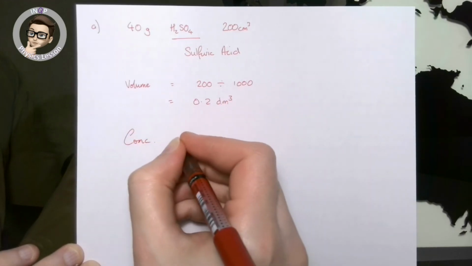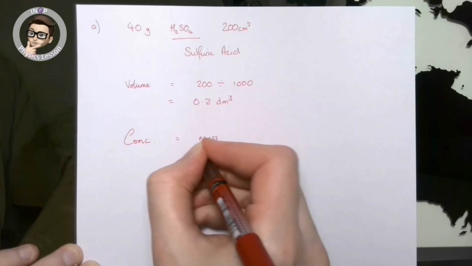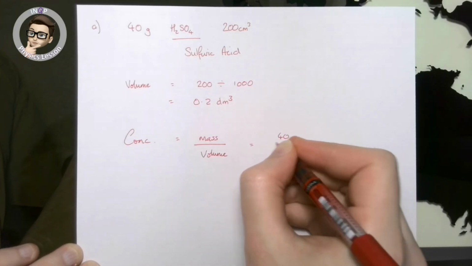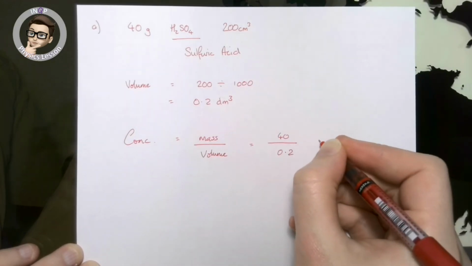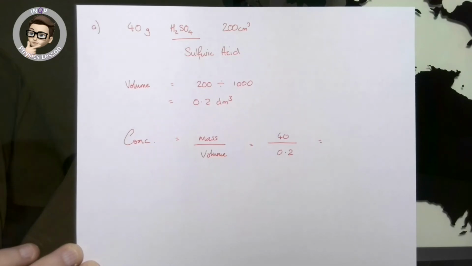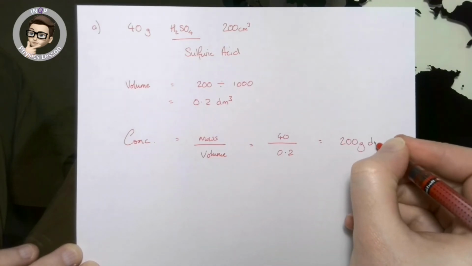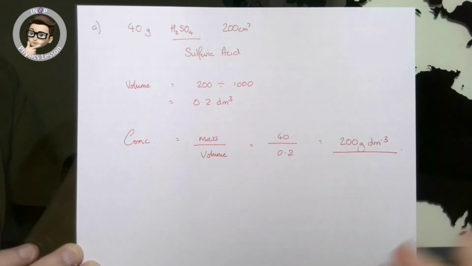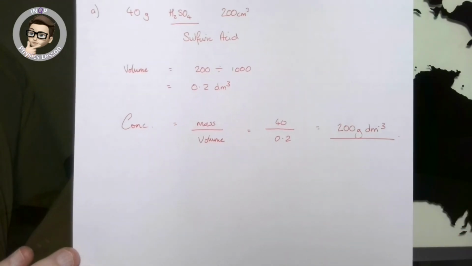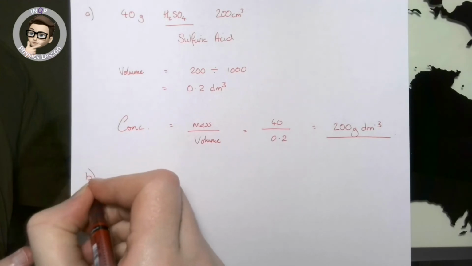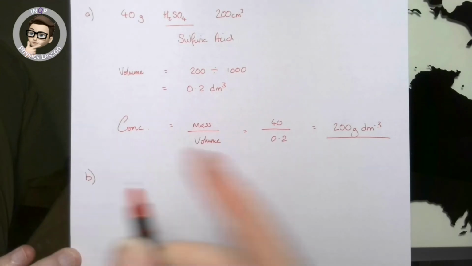So the concentration is going to be the mass divided by the volume, which is going to be 40 divided by 0.2, which should give you an answer of 200 grams per decimeter cubed. That's the first one. Quite a large concentration, that one, 200 grams per decimeter cubed. High concentration.